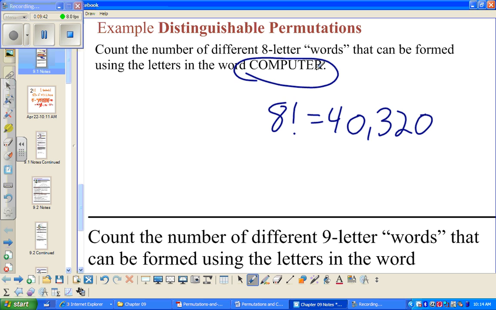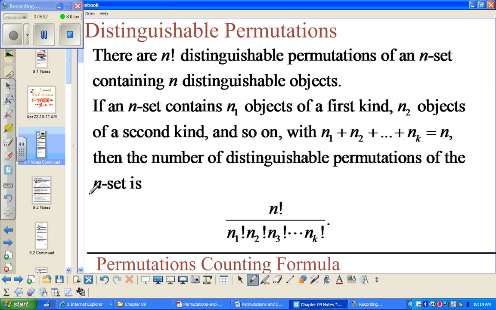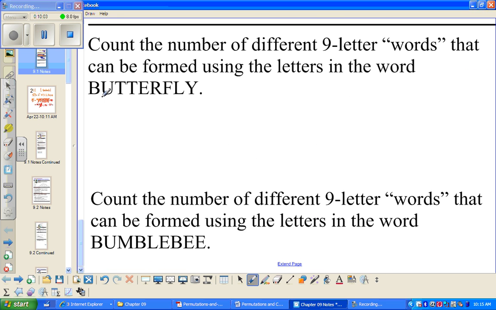Well, if you have a different word where letters repeat, like in butterfly, then you have to do a little bit more. You have to use this distinguishable permutation formula, which is simply, you're going to take the number of letters you have, factorial.